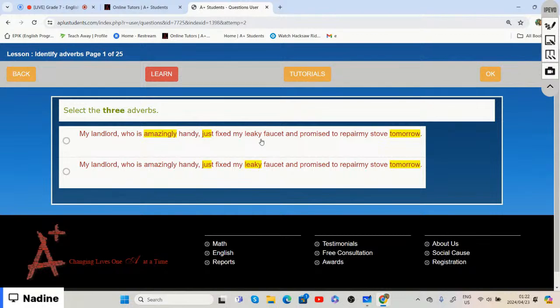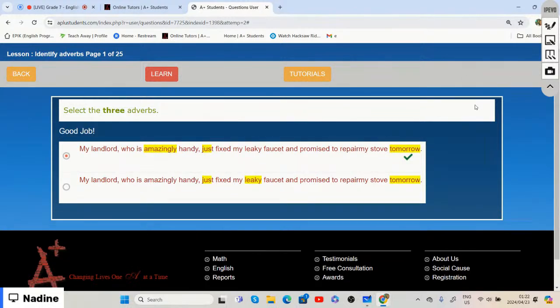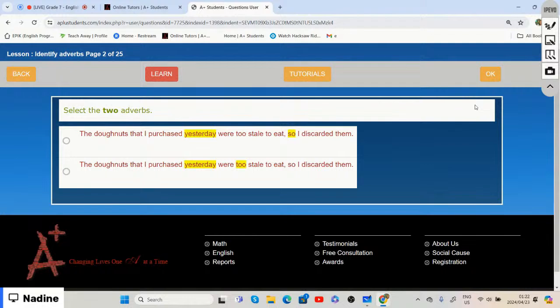All right, so we can say it is the first one: my landlord, who is amazingly handy, just fixed my leaky faucet and promised to repair my stove, right? And we chose the correct one, which is the first option.